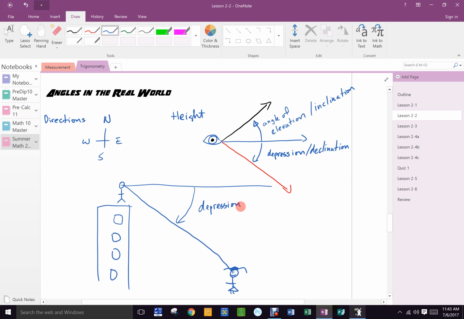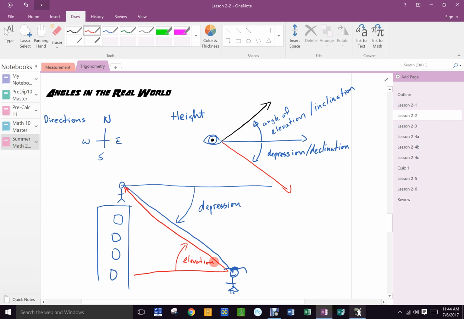Relax. Everybody cool? Okay, now, Brooklyn's eyes start in what direction? Straight out here. Now, Brooklyn says, hey, there's some dude up on the roof. What's he going to do? She looks up. What does that make? That's elevation.